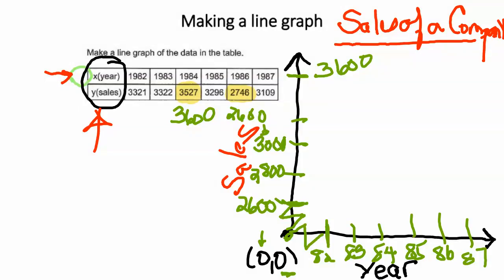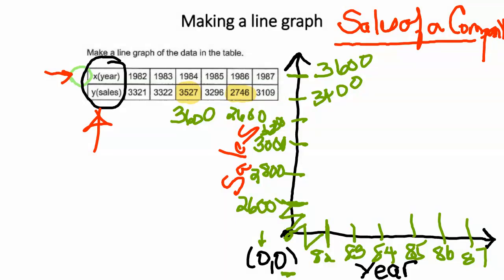This is 3,200. This is 3,400. Notice I've set them up by 200s. Could I have done them by 100s? Yes. Could I have done them by 500s? Yes. You need to make the choice that's best for you. And normally 100s or 200s is the best way to go.